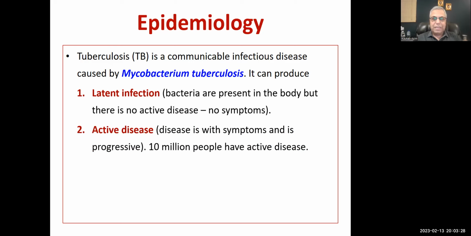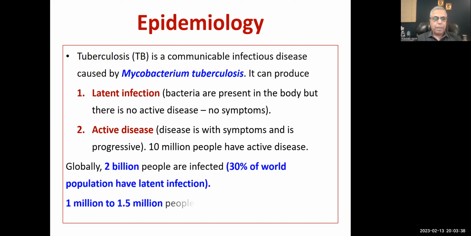Active disease is with symptoms and is progressive, and according to estimates, 10 million people have active disease, maybe more globally. Globally, 2 billion people are infected, which is 30% of the world population, and they have latent infection, which means that they might not have active tuberculosis, but the bacteria are there inside their body, inside the macrophages or somewhere.